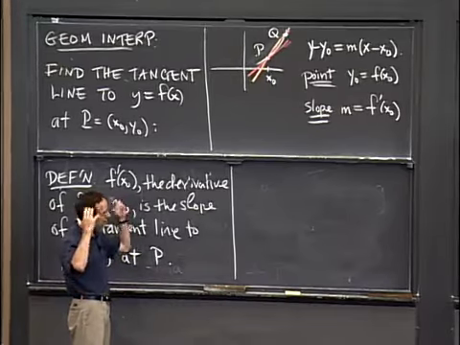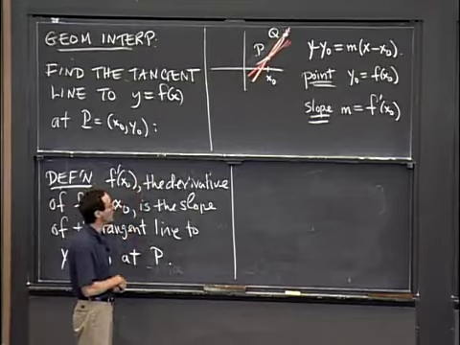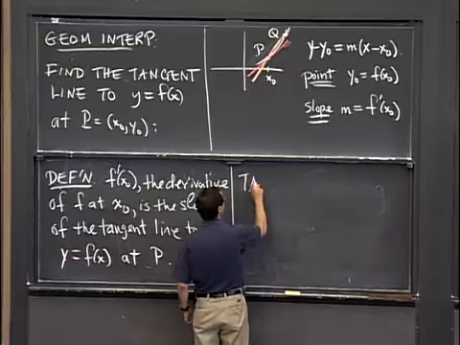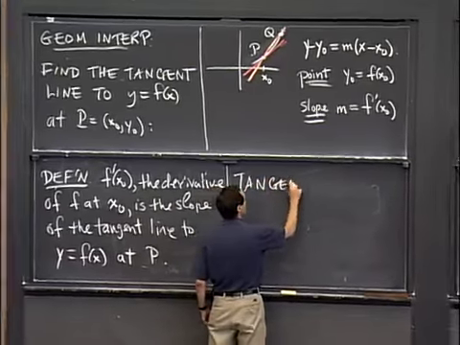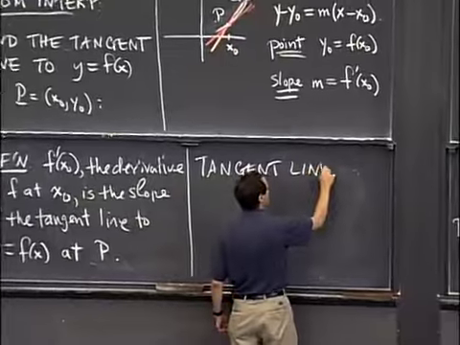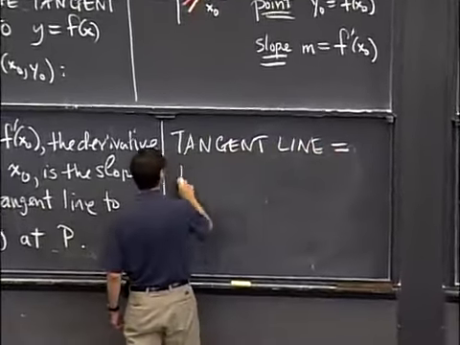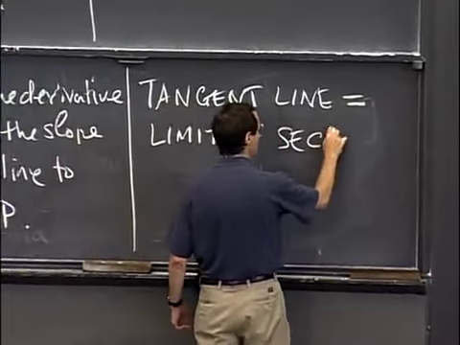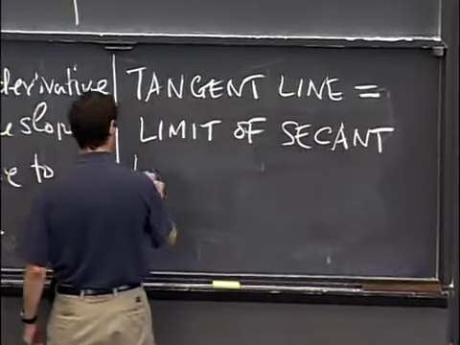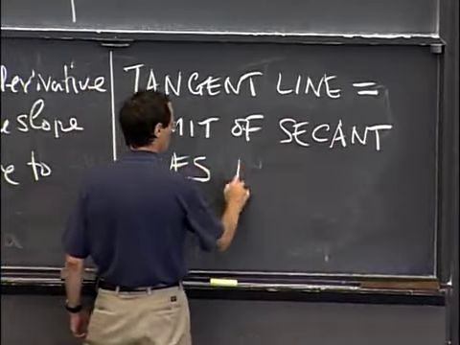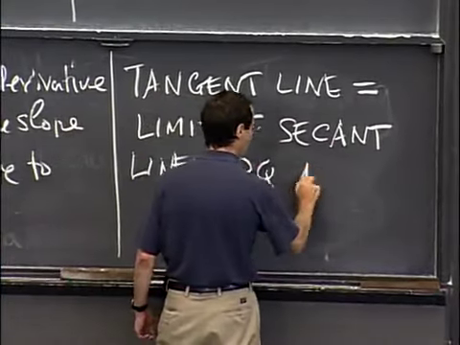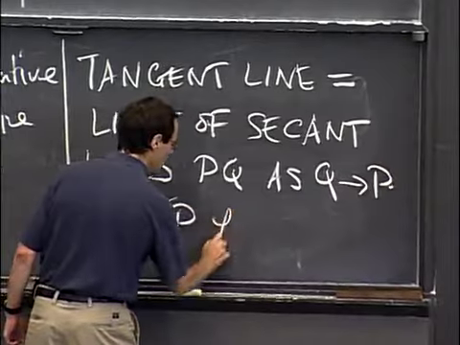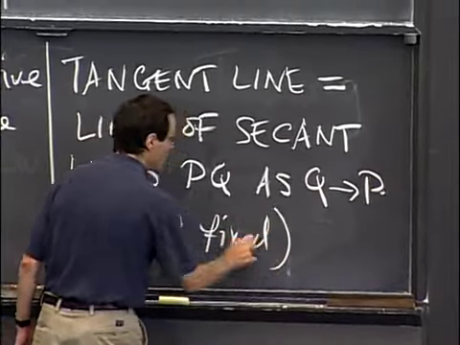So that's really what I did sort of in my brain when I drew that first line. And so that's the way I'm going to articulate it first now. So the tangent line is equal to the limit of so-called secant lines, PQ, as Q tends to P. And here we're thinking of P as being fixed and Q as varying.